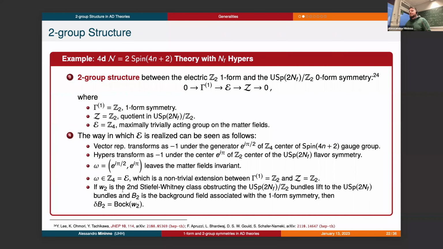Everything is explained in this very nice paper here, and has also been studied later on by these authors. So the upshot, up to technicality, is that the spin(4n+2) theory with NF hypers has a two-group structure, as proven by these authors.